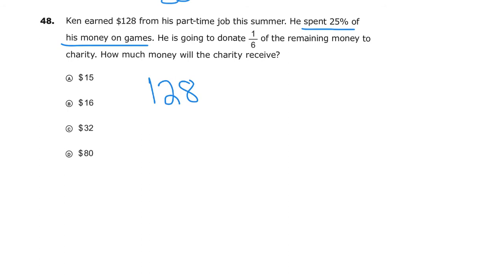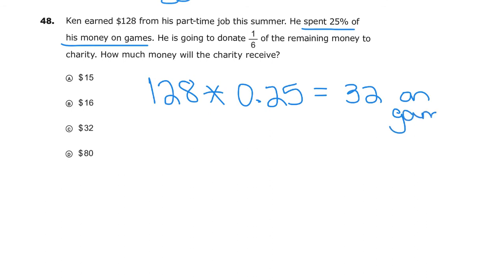We're going to find 25% of that number. Keelan said to take the 128 and multiply it by 0.25, and that is exactly correct. What value does that give you? $32? So he spent $32 on the games.